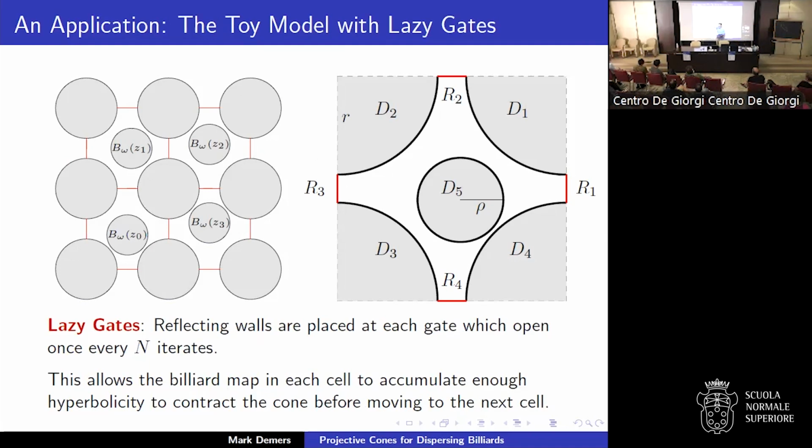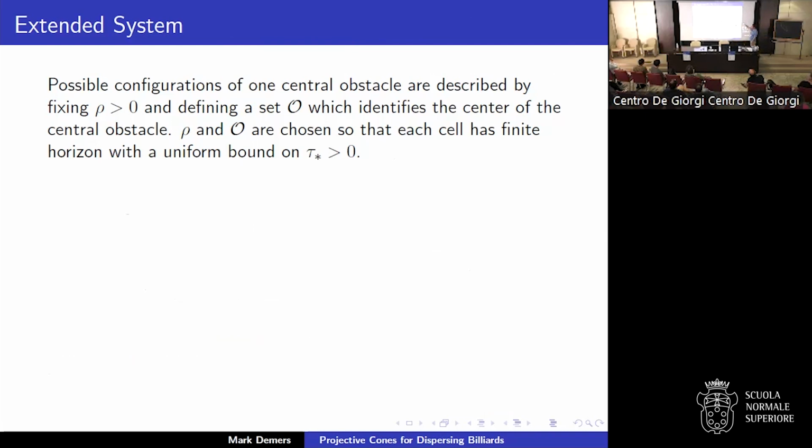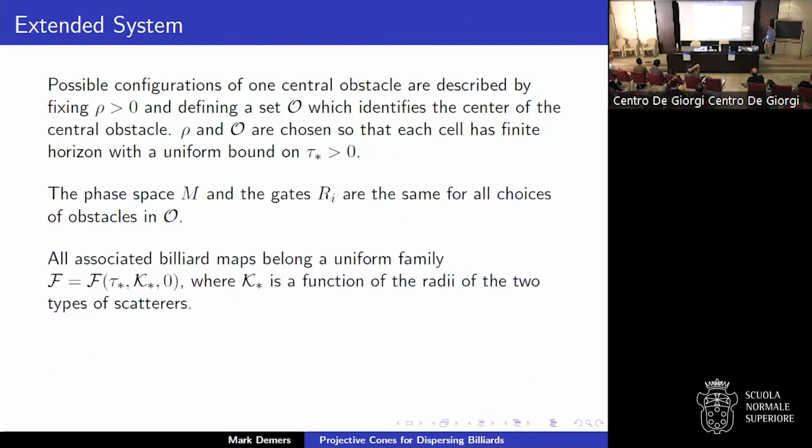So there's some allowable set of configurations, and within that allowable set of configurations, you just arbitrarily assign a central scatterer to each cell. And so this collection O will be all the allowable configurations of this central scatterer. The allowable configurations will obviously fix a uniform tau for your lower bound on the flight time. That's just a minimum distance the scatterers have to stay apart.